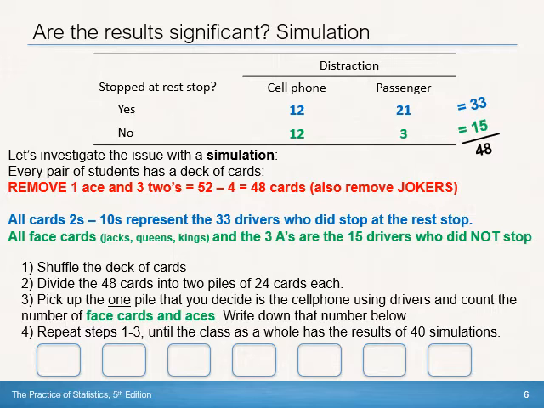We've removed 4 cards, so we have a total of 48 cards. So you can see that 48 cards corresponds to the 48 people. Each card represents 1 person.